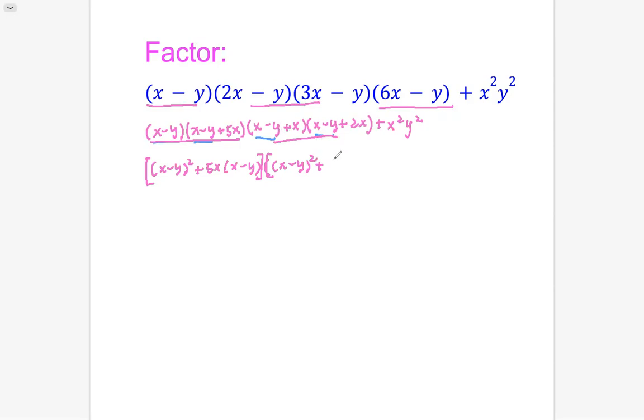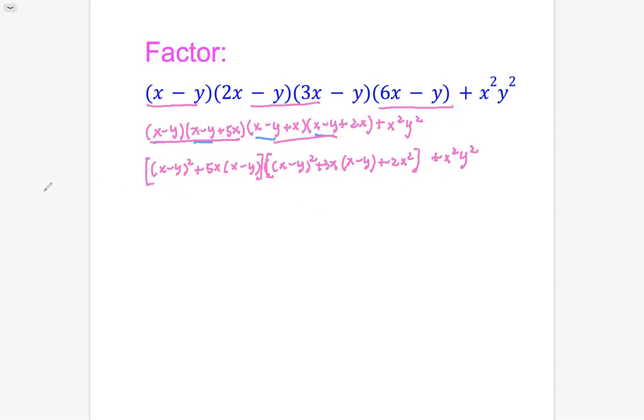So x plus 2x is 3x. We have 3x times x minus y. You know, somehow if you want, you could use another variable to substitute x, y. Then we have x times 2x, which is plus 2x squared. Then in the end, we have to carry x squared, y squared with us for now.